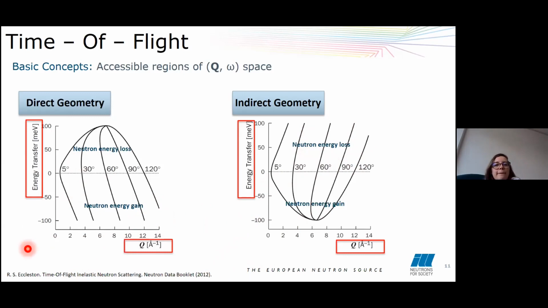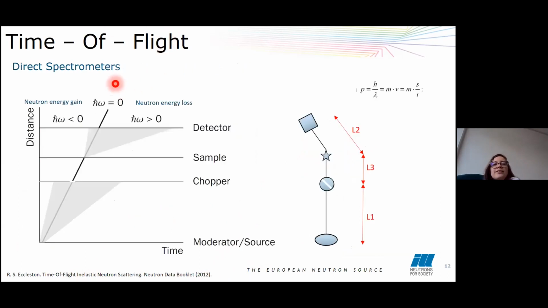So now let's take a look at the flight path versus time diagram here for direct spectrometers. So the neutrons enter the chopper with a certain slope corresponding to the velocity of the neutrons.